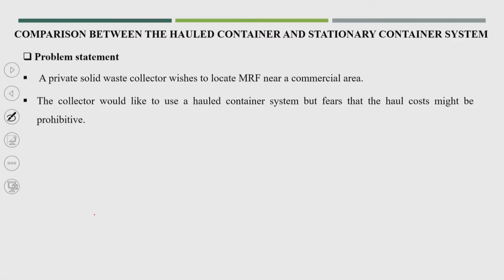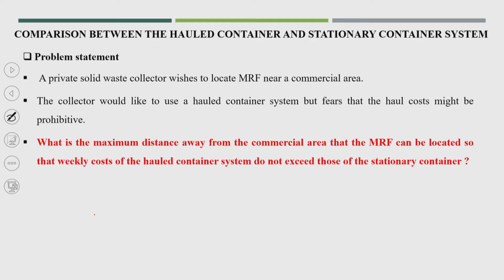But the collector fears that the haul cost might be more if he uses the haul container system. So, the question is: what is the maximum distance away from the commercial area that the MRF can be located, so that the weekly cost of the haul container system does not exceed that of the stationary container system?